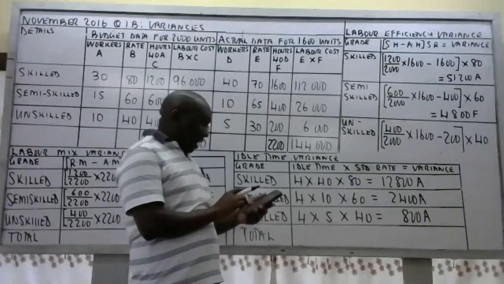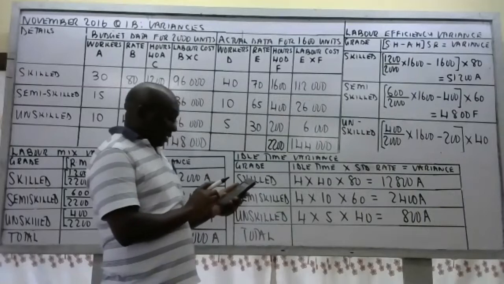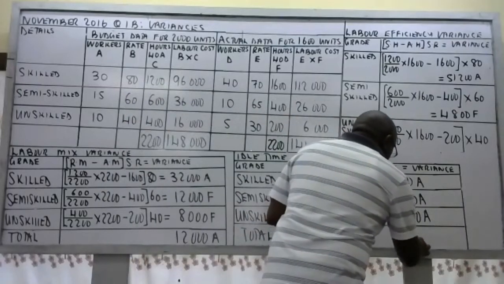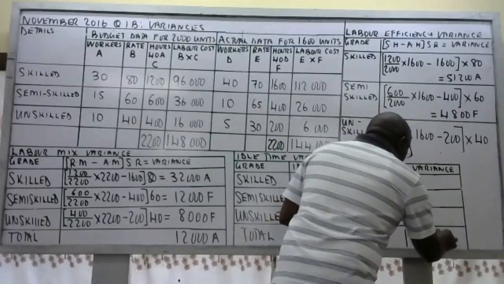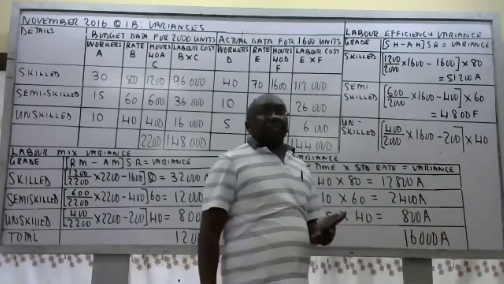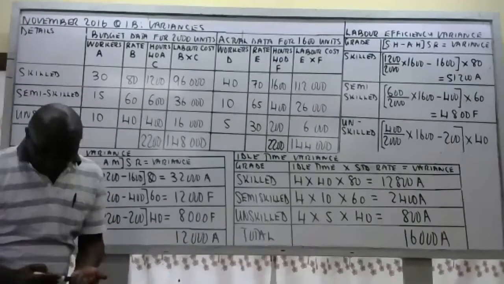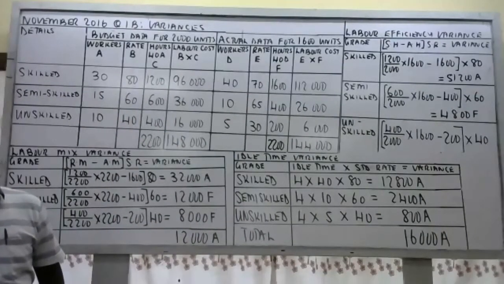And if you add, this goes to 16,000, which is adverse.